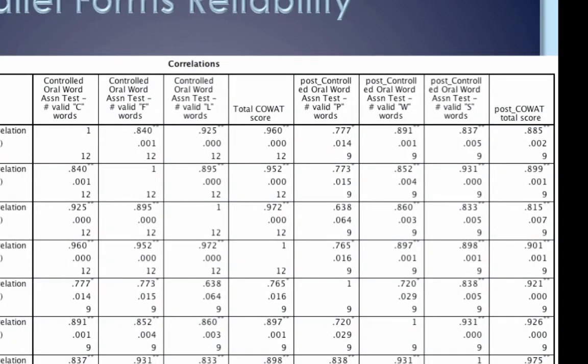Essentially, I give them 1 minute, and I say within 1 minute, I want you to say as many words as you can that start with the letter C. They give me all the words they can say in a minute that start with C, and then I say, okay, now I want you to do the same for the letter F, and the same for the letter L. Of these 3 letters, we count up how many valid words they have, and that makes up the total COAT score.